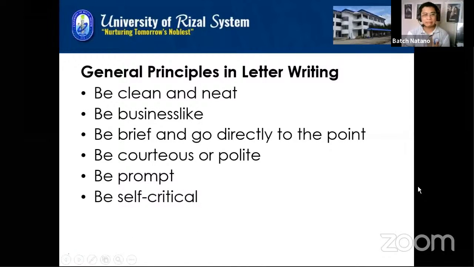Be self-critical. And this subject will help you to be self-critical. When we talk of self-critical, it has something to do with you yourself being the one who will be rereading your work, who will be checking your own work. Because most of the time, your superior is not always there to correct you or to tell you what to do.